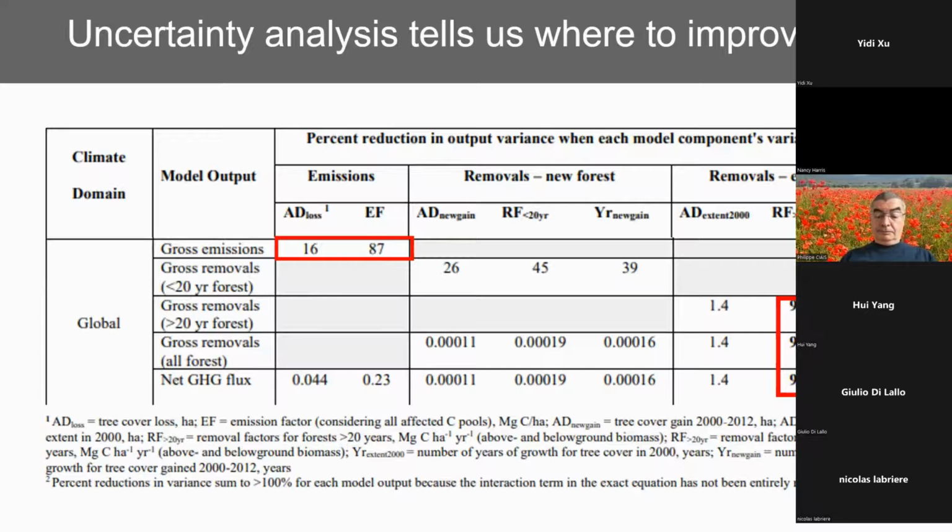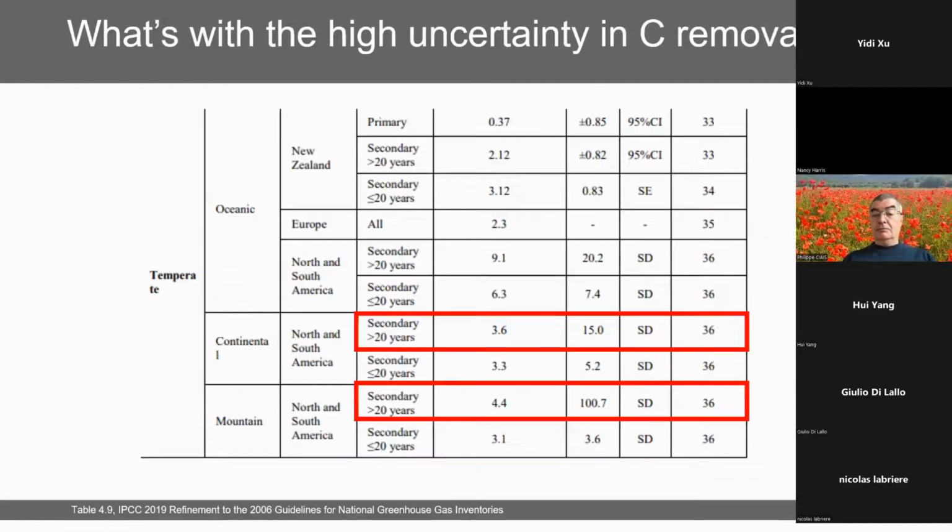And then in the other box on the right, for both gross removals and net flux, the variance of the removal factor for old secondary forests is far and away the most important source driving this huge uncertainty of the entire analysis. And so the question is, what is driving that giant number?